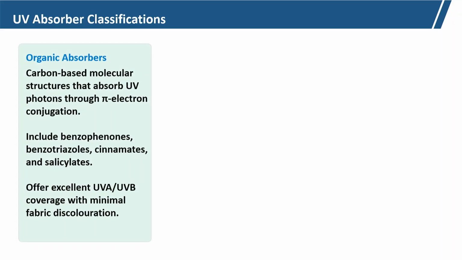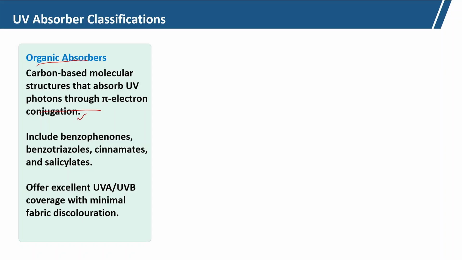There are different types of UV absorbers available. First is the organic UV absorber, which are basically carbon based molecular structures which absorb UV photons through pi electron conjugation.